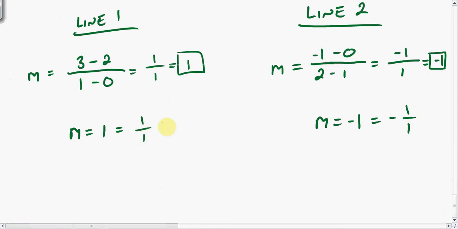So we've got opposites, and is 1 over 1 the reciprocal of 1 over 1? And it is, right? So we know, since they're opposite reciprocal slopes, that lines 1 and 2 are perpendicular.